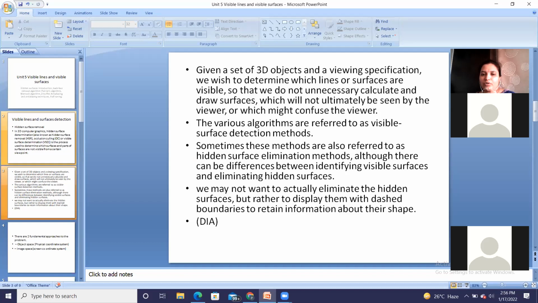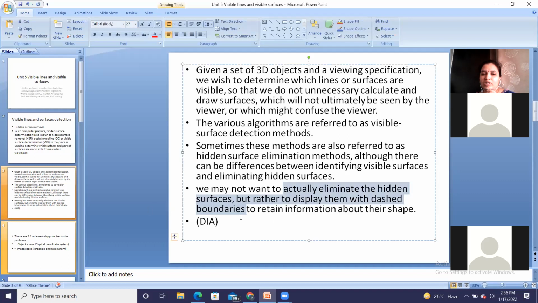Right? Instead of actually eliminating the hidden surfaces, we are displaying them with dashed boundaries. We are displaying those things with dashed boundaries, which will retain the information about their shape. What is the need of drawing those dashed boundaries?